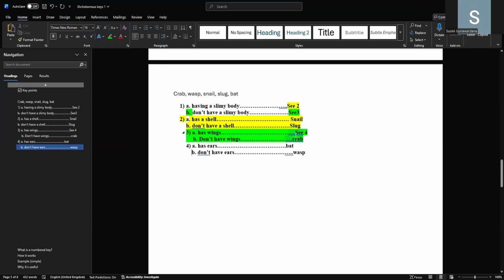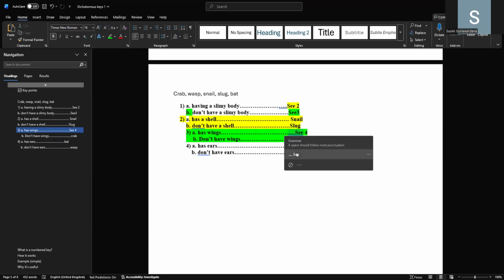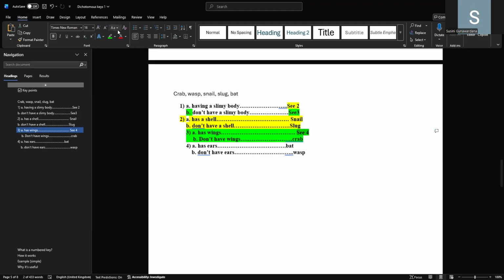Right? This C4, this 4 is indicating by this.